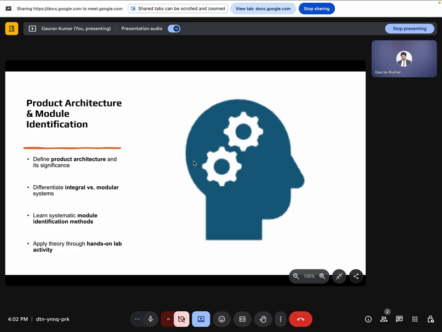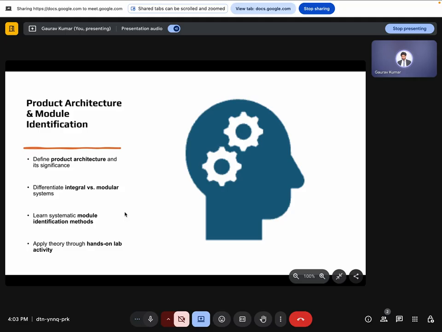Finally, this lecture emphasizes a systematic approach to module identification through both theoretical frameworks and practical lab exercises. You will gain the ability to map product functions to components in real world products, thereby building a strong foundation for design innovations.